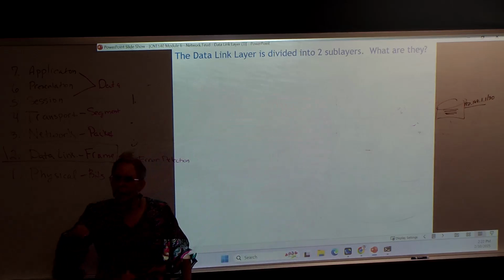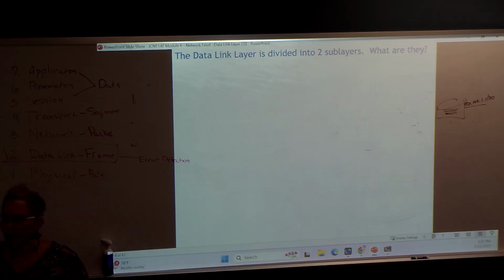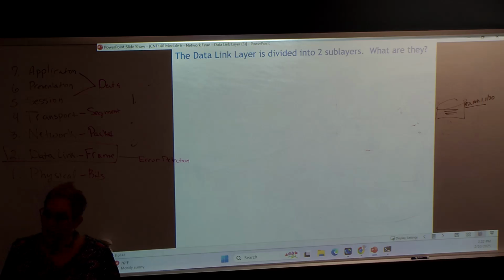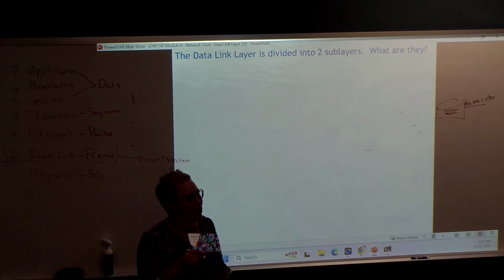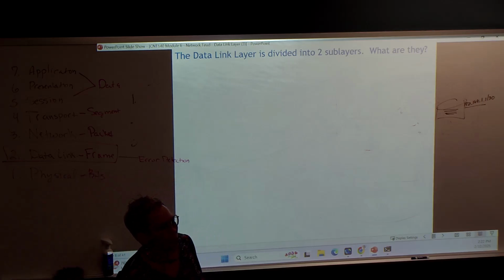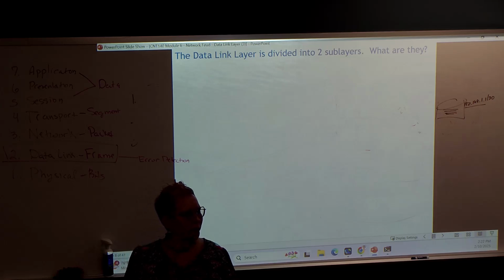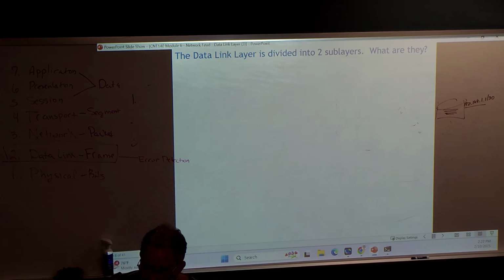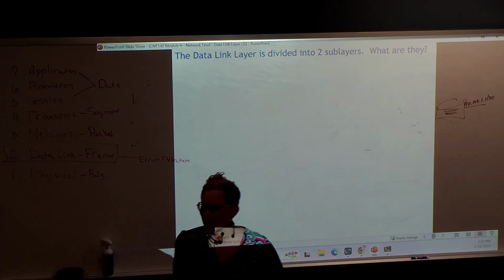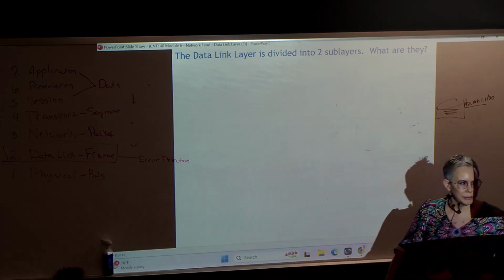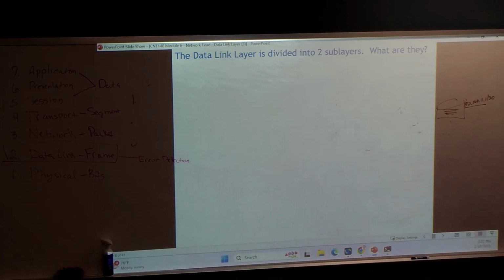Then we have the MAC, the media access control. What layer does it help? It helps layer 1. What do we have at layer 1? It's the physical layer, but what is the channel called? The media.